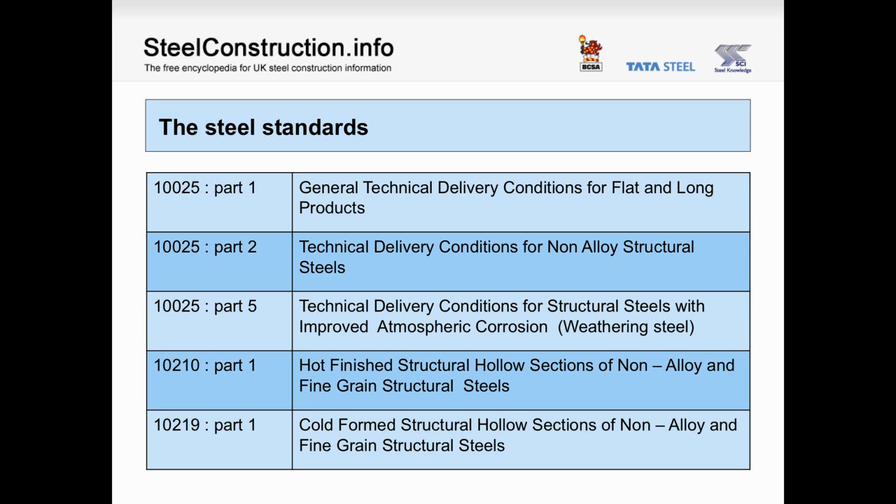They are BS-EN 10025 for open sections and plate, and that comes in 6 parts. There's BS-EN 10210 for hot finished hollow sections, and BS-EN 10219 for cold formed hollow sections. Although they may be of no direct use to us in design, it's useful to have an overview of what the standards do for us as designers.